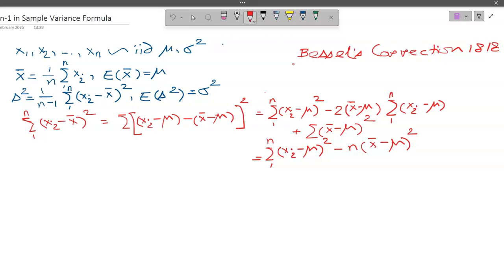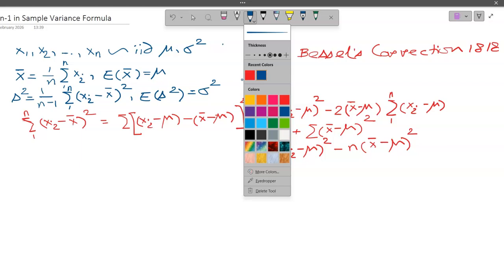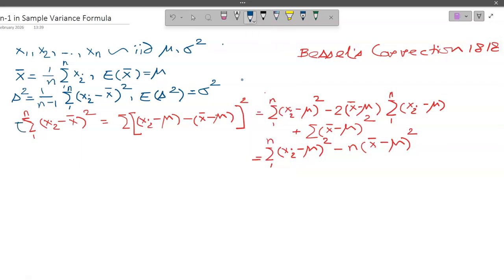If we take expectation of the numerator of A square, we apply expectation to each term. The expected value of summation (Xi minus mu) whole square is n times the variance of Xi, which is n times sigma square, minus n times the variance of X bar, and the variance of X bar we know is sigma square by n.